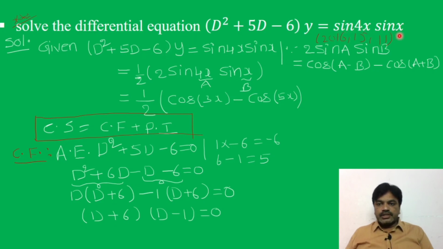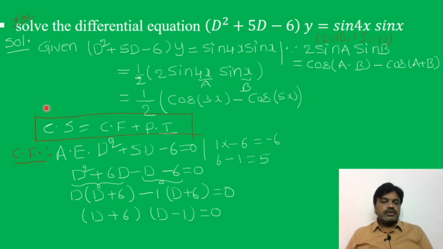Sin 4x and sin x, friends. We don't have any formula or case here, so I want to convert into a trigonometric function, case 2. So we apply the formula 2 sin a sin b, which is cos a minus b minus cos a plus b. So we get cos 3x minus cos 5x. You always write the formula first, friends.